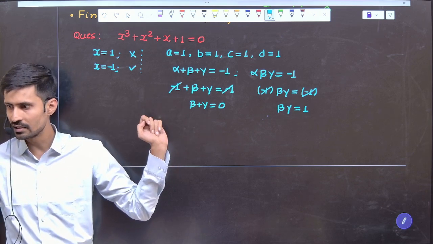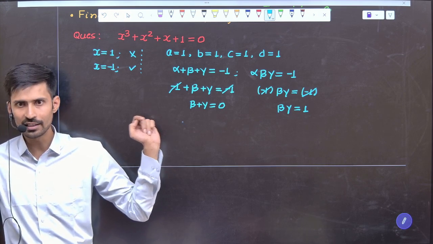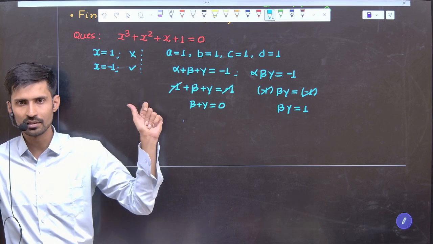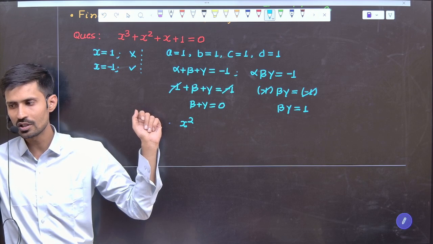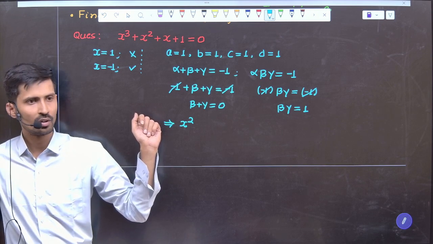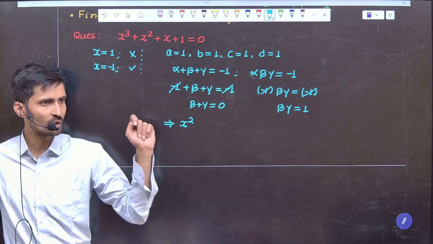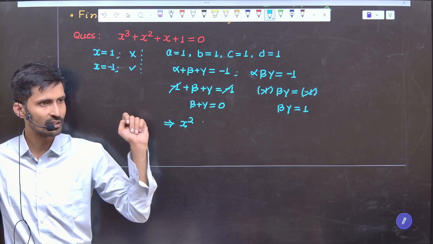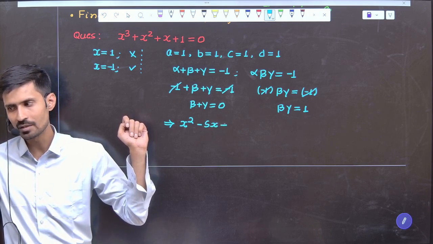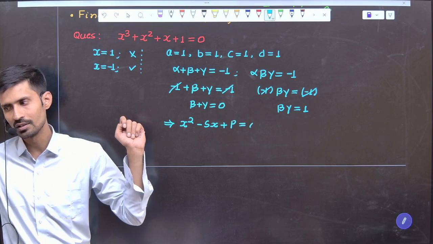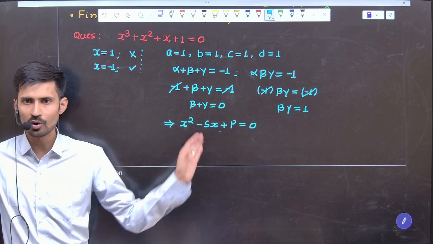Okay, next. I will design one quadratic here. See, this new step is coming. Do you remember, if you know the sum of roots and the product of roots of a quadratic, how to write that quadratic? X square minus sum into x plus product is equal to 0. Yes or no? How many if you don't know this?